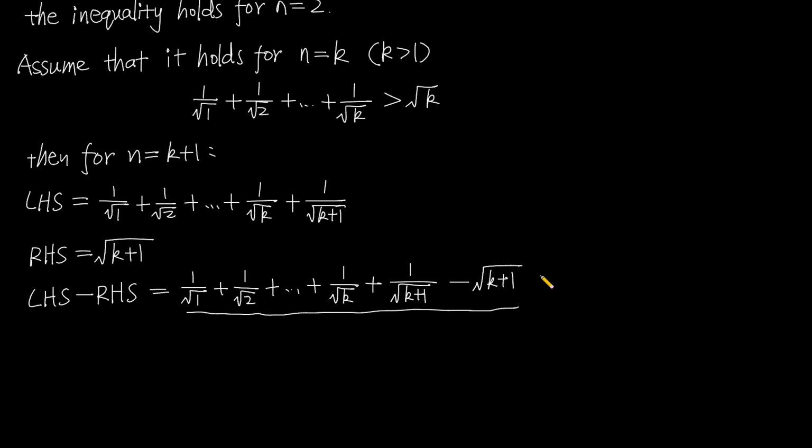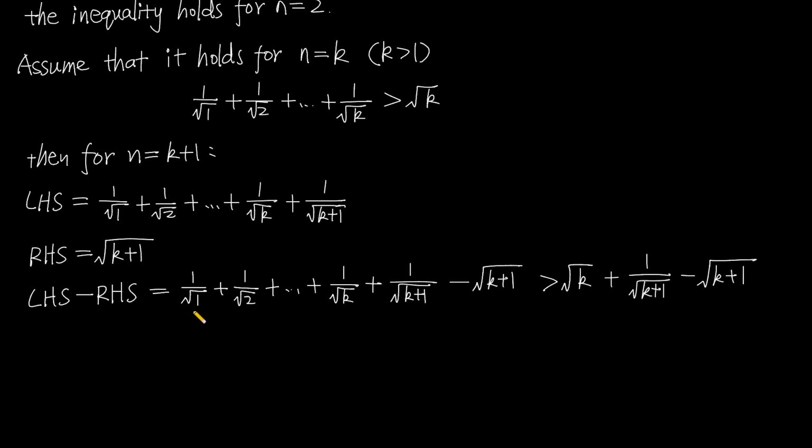This is larger than square root of k plus 1 over square root of k plus 1 minus square root of k plus 1. Why the left side is larger than the right side is because this part is larger than this part.